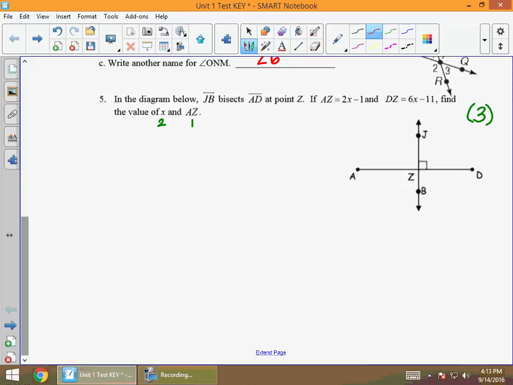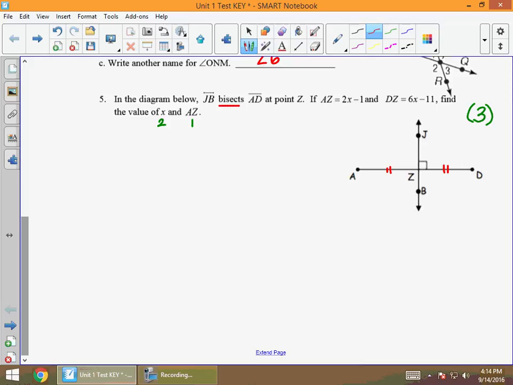So question 5 says, in the diagram below, JB bisects AD. This word, bisect, means to cut in half. So this segment AZ and that segment ZD have to be congruent. They have to be the same length.